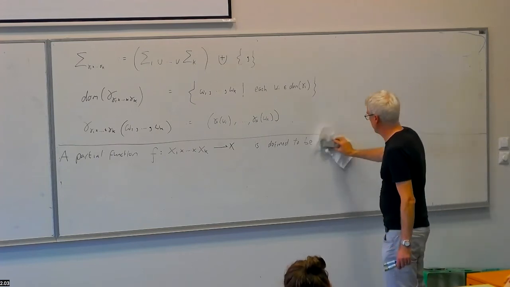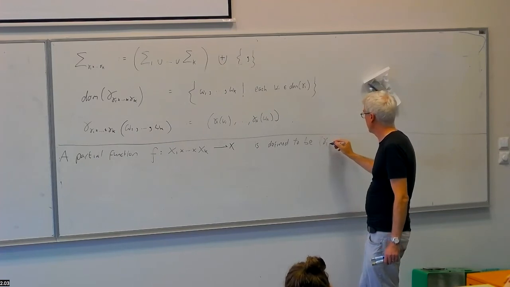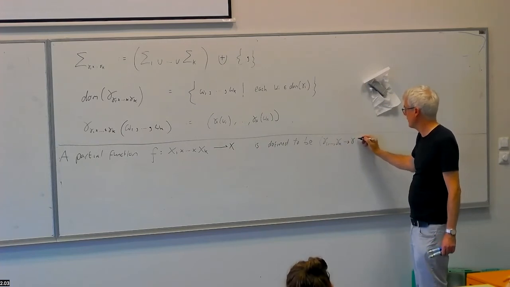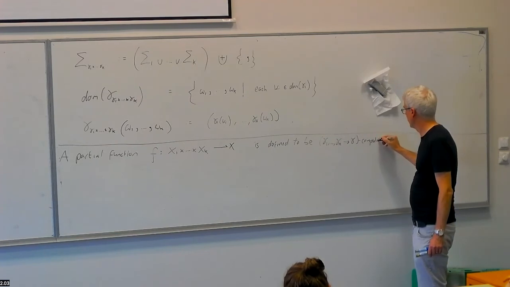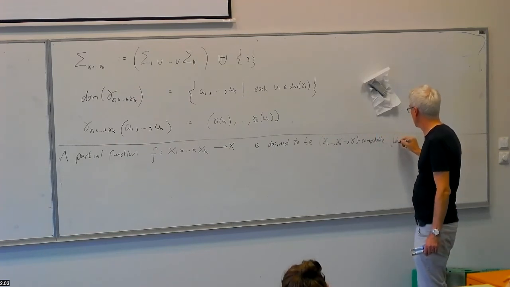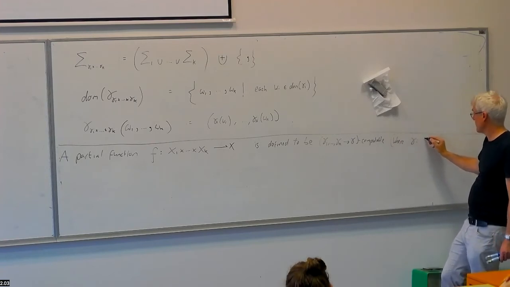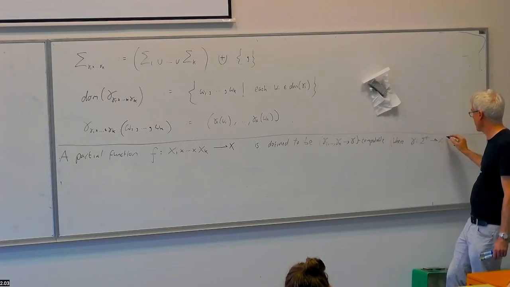Well, I'll simply use the notation gamma 1 to gamma k arrow gamma computable, where gamma is a representation using some other potential alphabet of the set X.